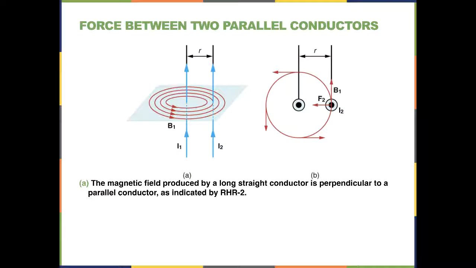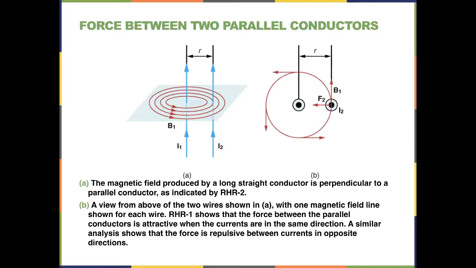If you're looking at two parallel conductors, what this diagram tends to show you is in A, if you have two parallel conductors, the fields that come out of those two are additive. And that's shown if you look at from the top. And that leads to a force that attracts the two wires to each other.